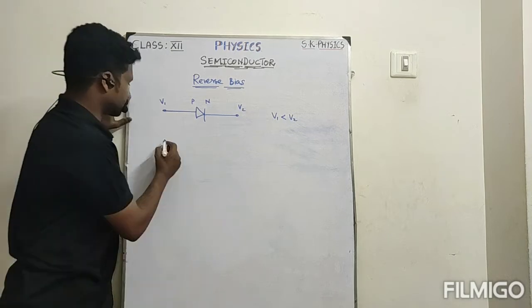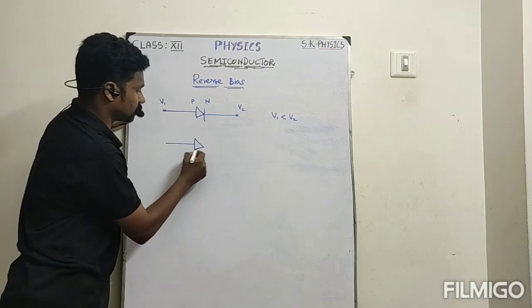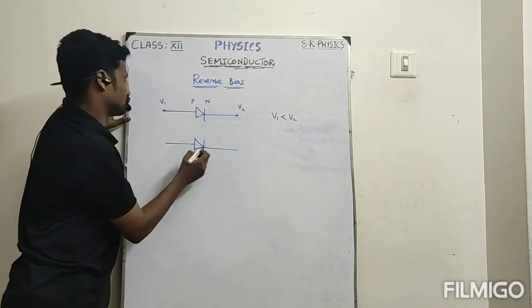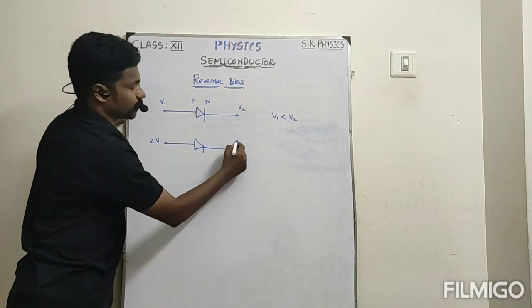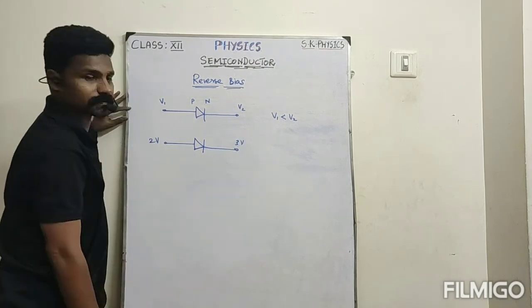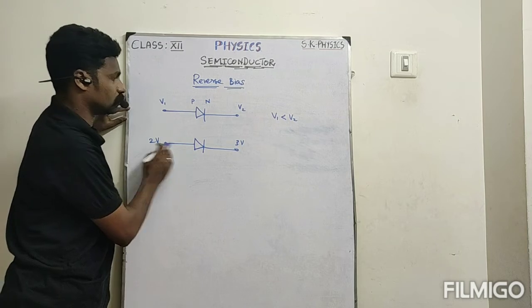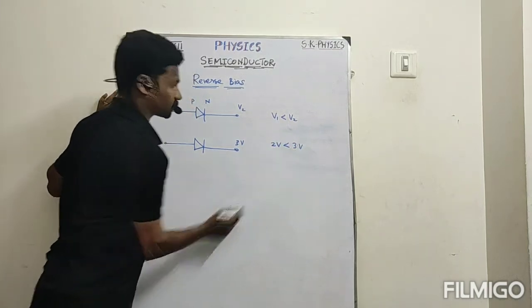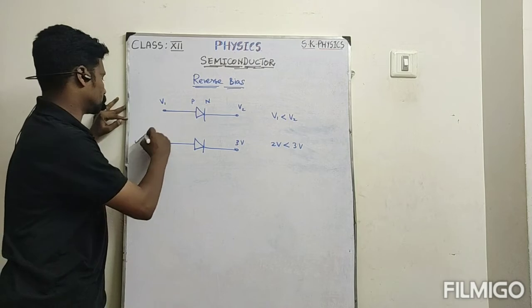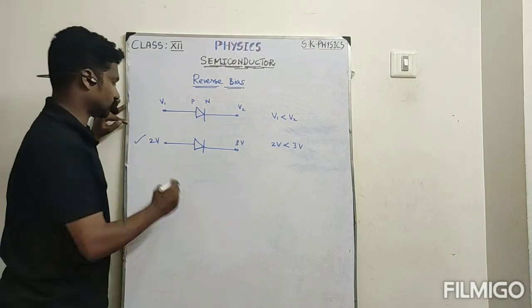So now I will give one example. For the first example, here 2 volts, here for example 3 volts. So V1, that is 2 volts, is less than 3 volts. Okay, so this is reverse bias. Let me take one more example.